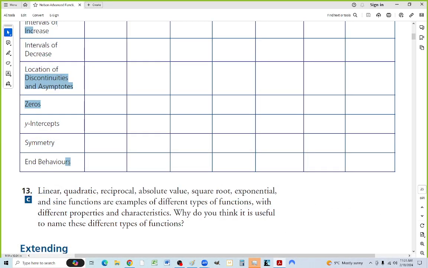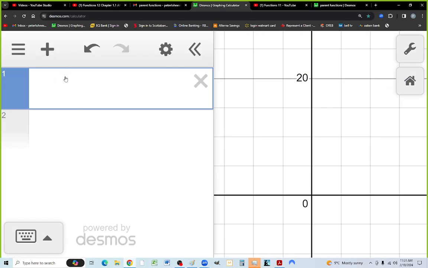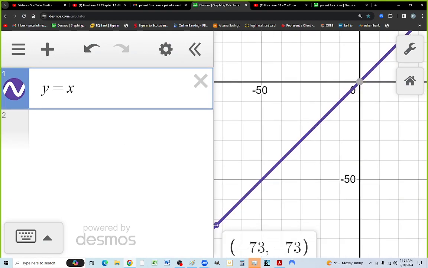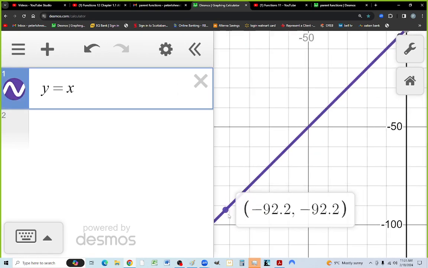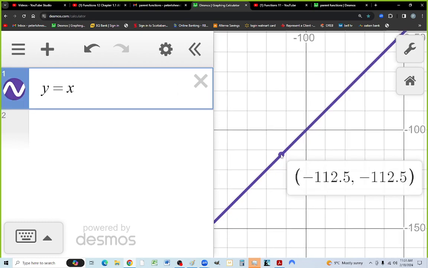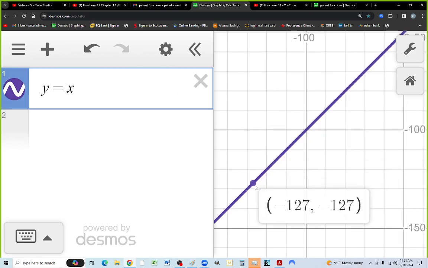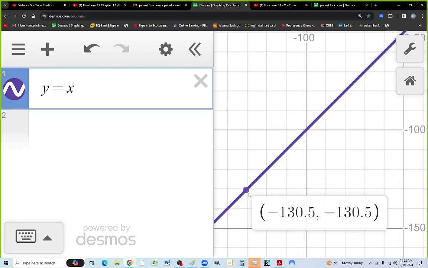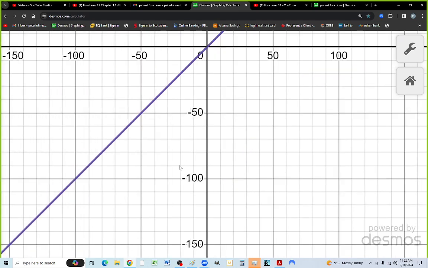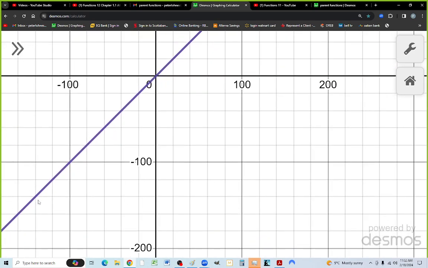End behaviors just means what happens way to the left and what happens way to the right. For a normal line, on the left it's going way down in the y values. When x becomes negative infinity, in other words, way to the left of this graph, where's y going?